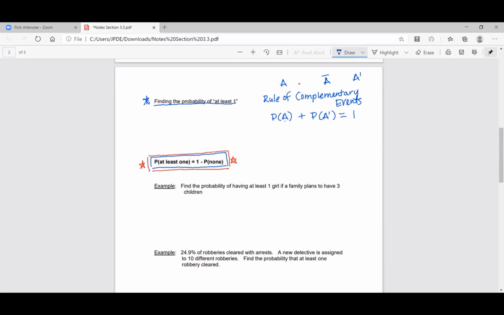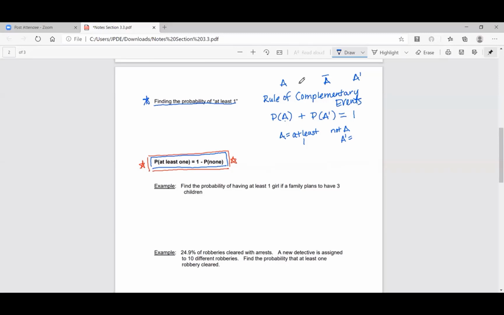All right. So here's what I want you to think about. If A is at least 1, what would not A be? Because that's the complement. So at least 1 head when you flip a coin. Well, if it's not at least 1, what would it be?